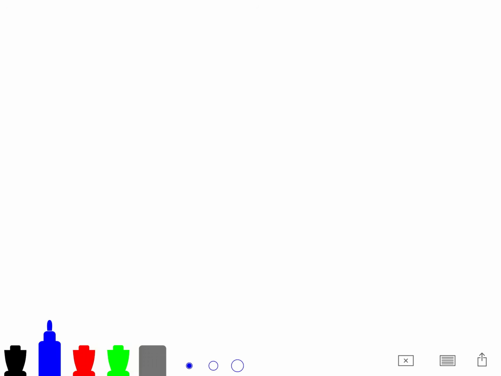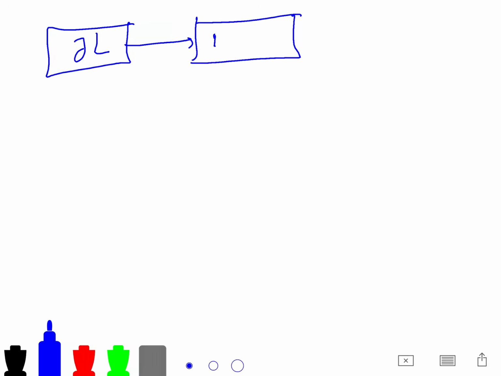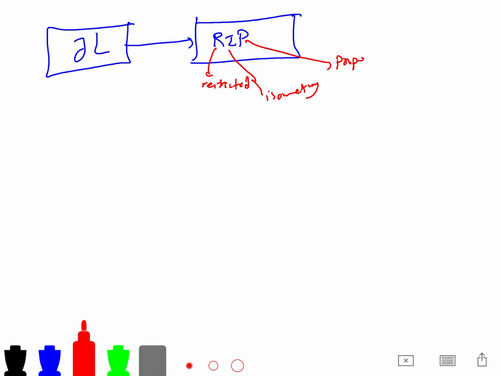And the interesting thing is that some people, instead of working on the JL Lemma, work on RIP, which I will talk about, which is the restricted isometry property.